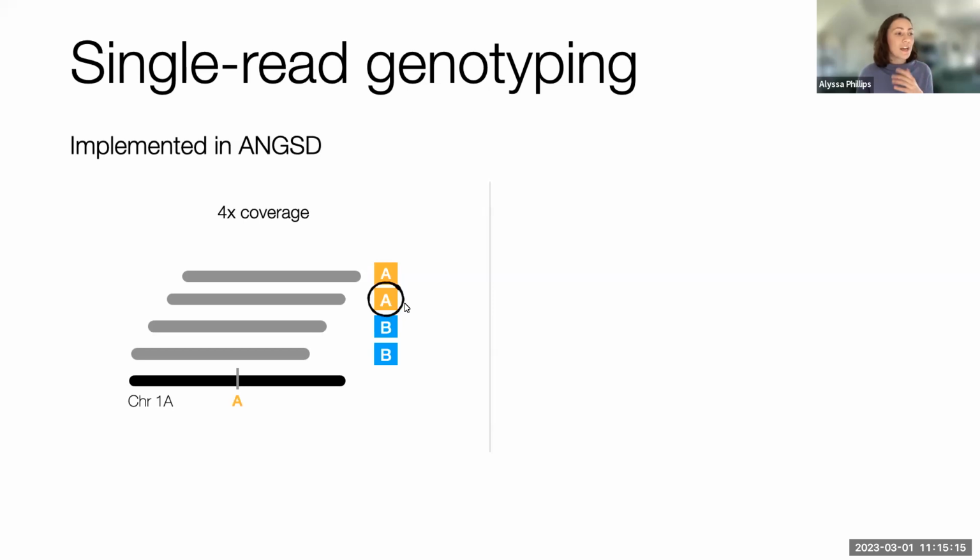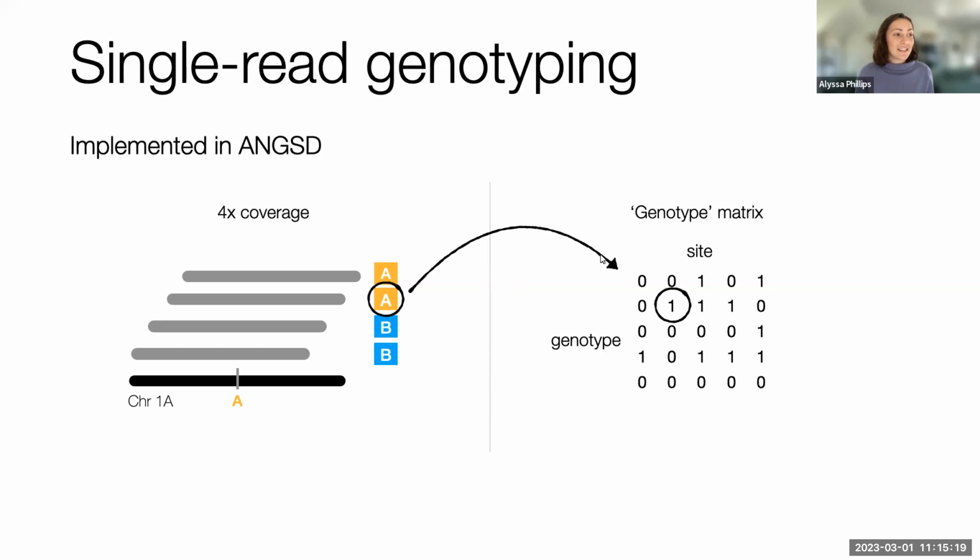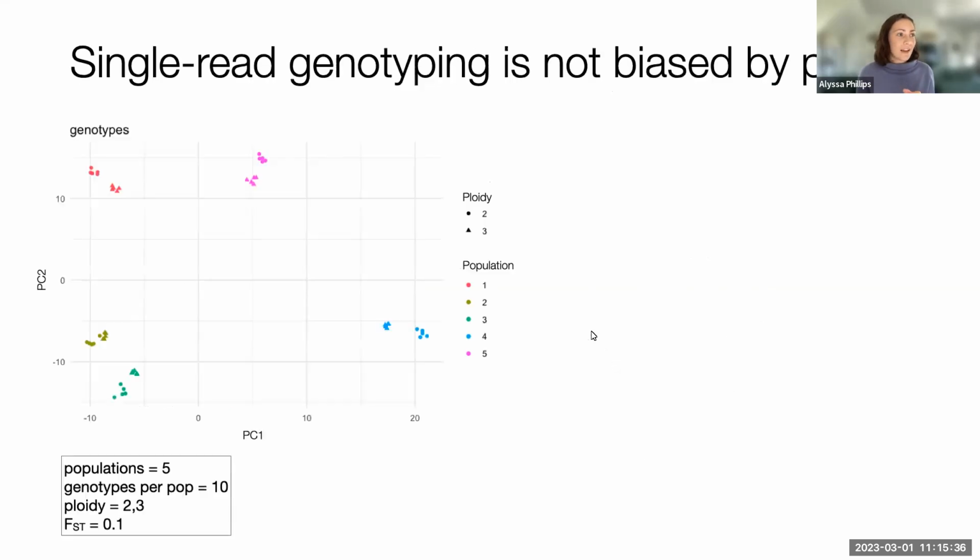But what we can do is randomly draw a read from this site, and if it is the same as the reference allele, we give it a 1. If it's different, we give it a 0, and we can genotype at every site and every individual. Then we can sum these genotypes over the number of sequenced individuals to get our population allele frequencies. And this turns out to be pretty robust to ploidy differences.